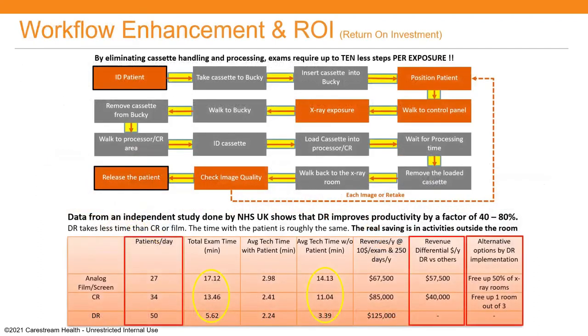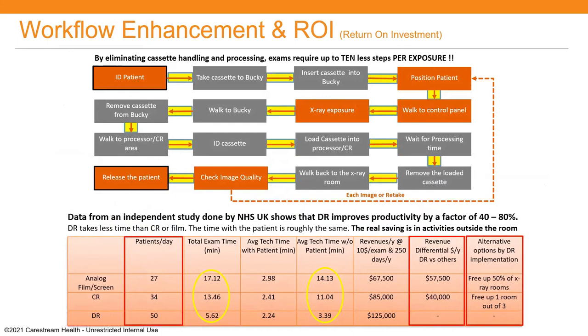In the first part of this slide, I wanted to put some of the key steps of the workflow that have been described very well in the two presentations that were made before. Basically, I just want to focus your attention on the streamlining of the workflow when you are moving to a digital solution, in particular when you are moving to the flat panel detector.